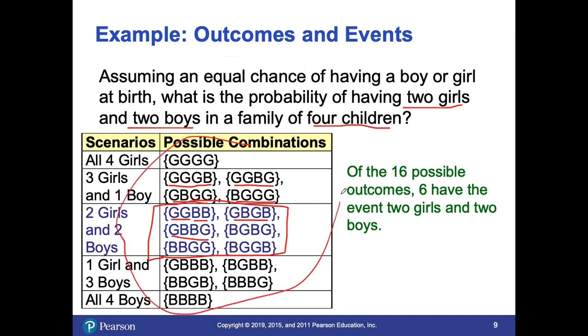So if I just circle all 16, there are 16 possible outcomes in all, and 6 of those are the outcome we're looking for. So how do we determine the probability there? It's going to be 6 out of 16, which in this case becomes 0.357. And again, notice how that is between 0 and 1.